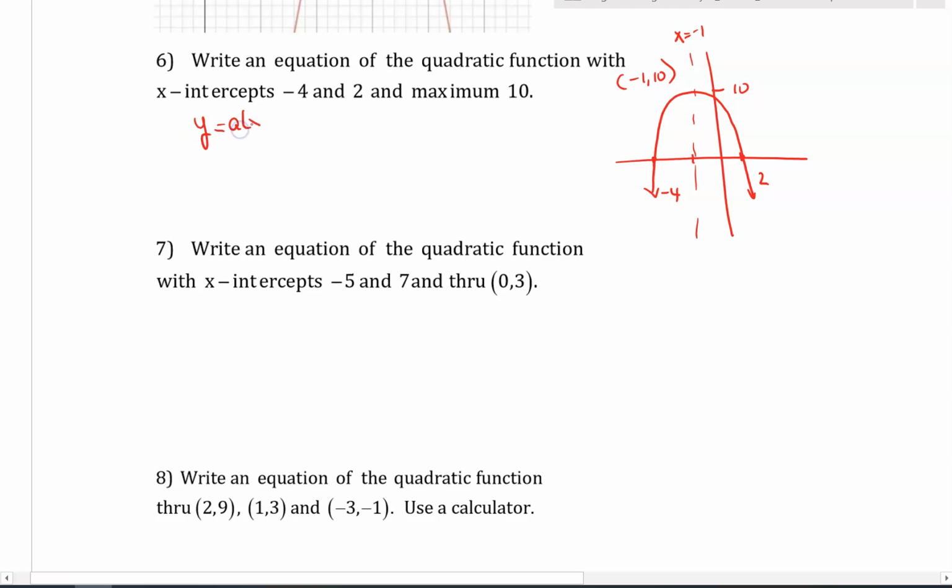So go ahead and pause the video and use either one of these x-intercepts to find the a. So if we use the point 2, 0, temporarily put 0 in for y and 2 in for x. If we subtract 10, we know that a is -10/9.